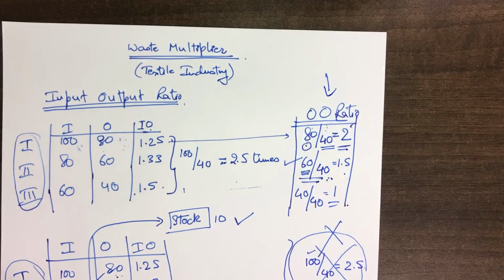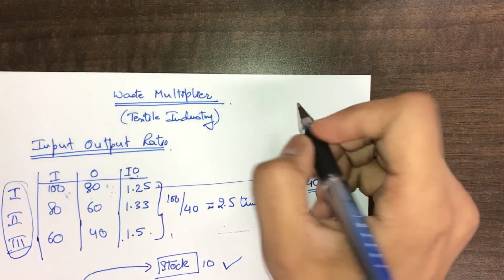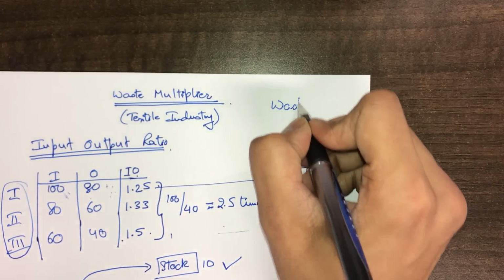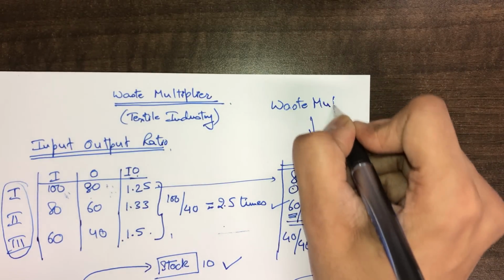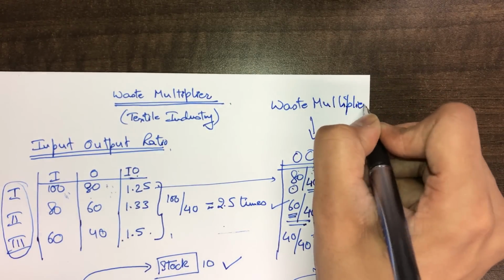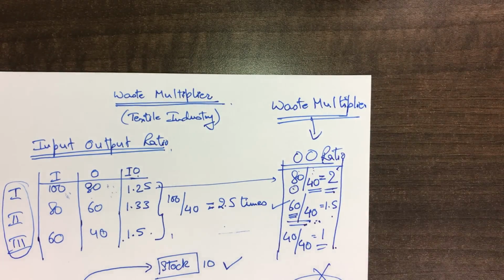So this is the theory of output-output ratio. How many units of output are required from a particular process to get one output of the last process. This is the output-output ratio. And this ratio is technically known as the waste multiplier.